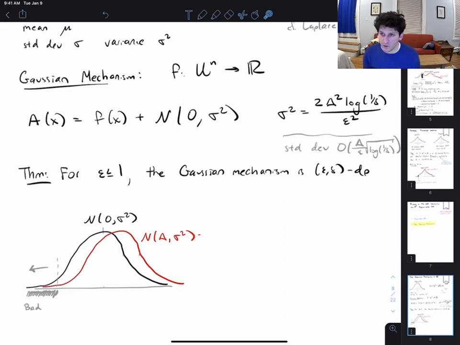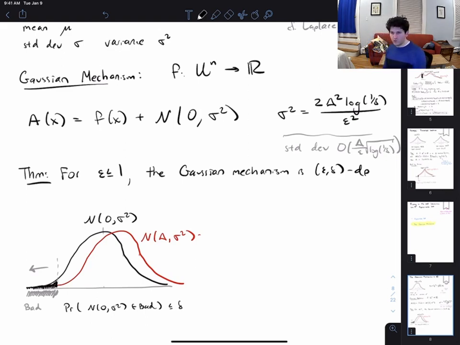So what we'll see when we actually calculate these ratios is that the bad set are the ones where y, the outcome, is very negative. But as you can see from the way I drew the picture, the probability of getting those very negative outcomes is quite small. So the probability of bad will be smaller than delta, and that's what we want to prove.